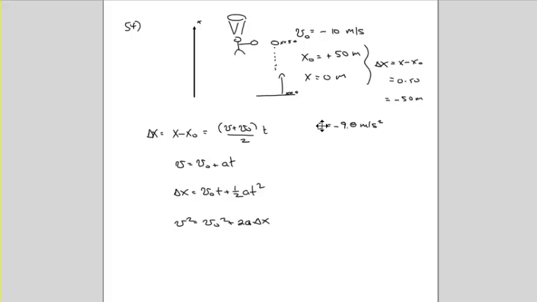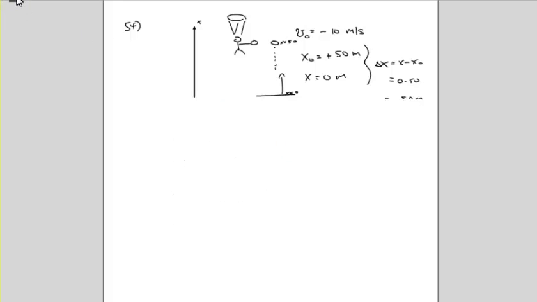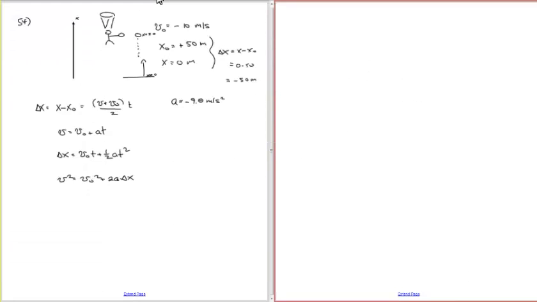The unknowns are: how long does it take, and what is the velocity of the camera just before it hits the ground? So the question now is which one of these equations is the easiest to use? We don't have to solve for the first one first or the second one second. We can choose whichever. Let's just do it in the order we have.